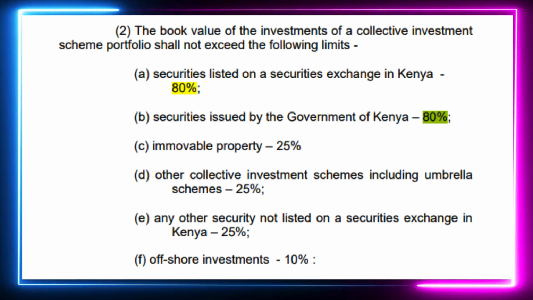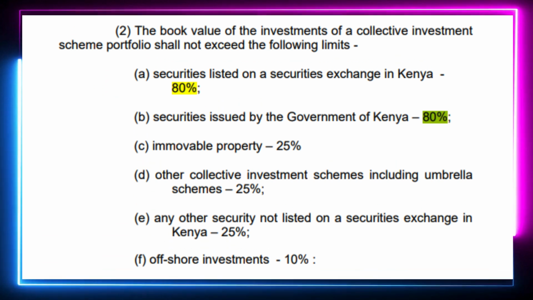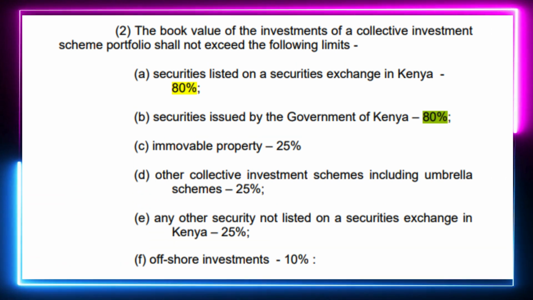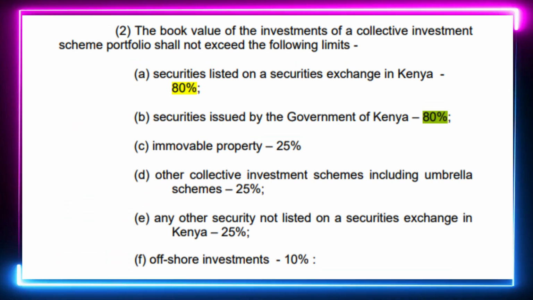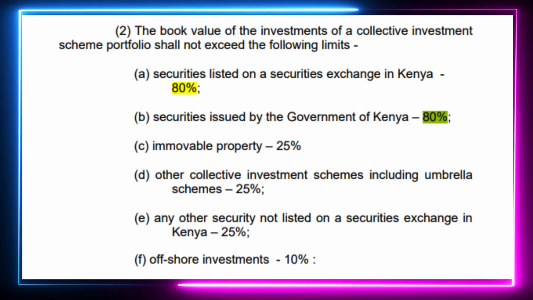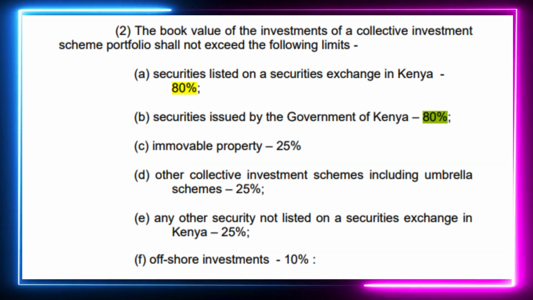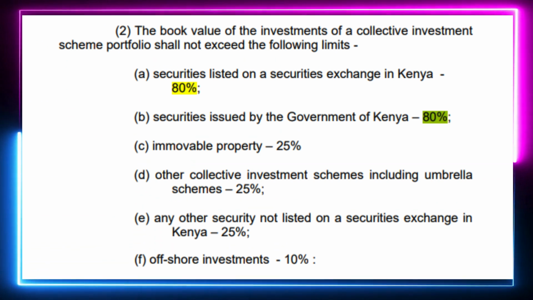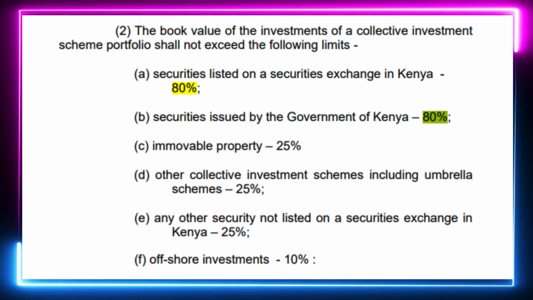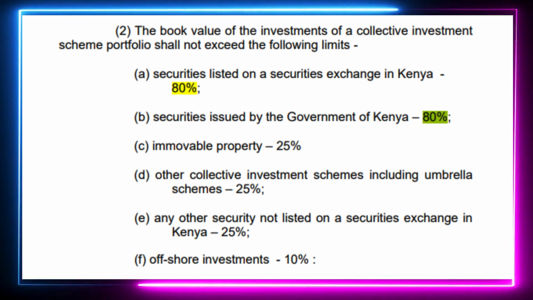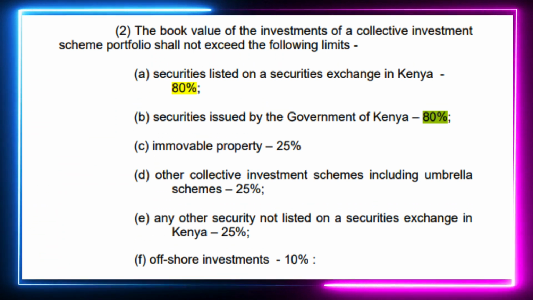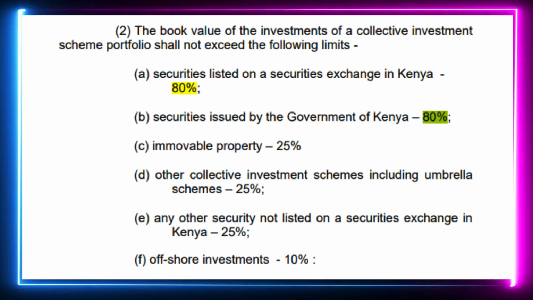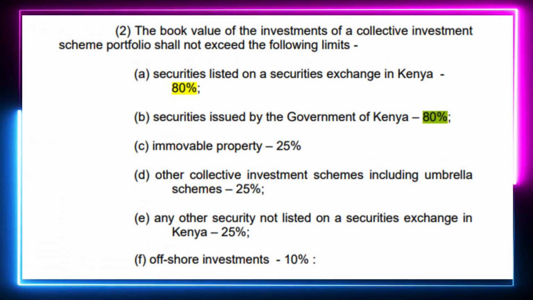Number 1, securities listed on a securities exchange in Kenya, which are basically shares or stocks, should not exceed 80%. Number 2, securities issued by the government of Kenya should not exceed 80%. Number 3, immovable properties should not exceed 25%.